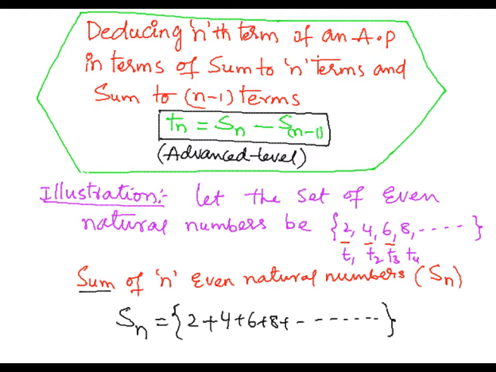Then here we are going to assume T1, the first term, as 2, the second term as 4, the third term as 6 and the fourth term as 8 and so on. So in order to find the sum of first terms, we have to add up all the first terms.